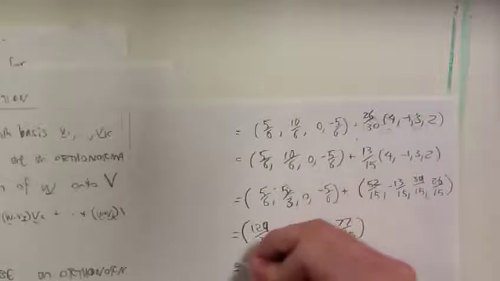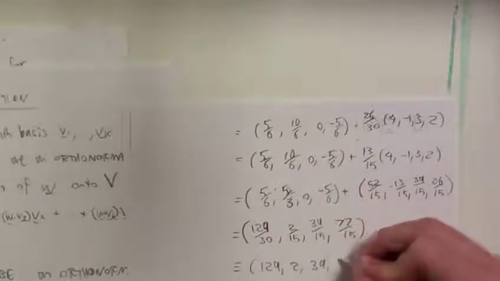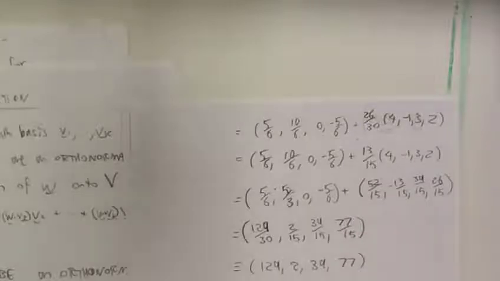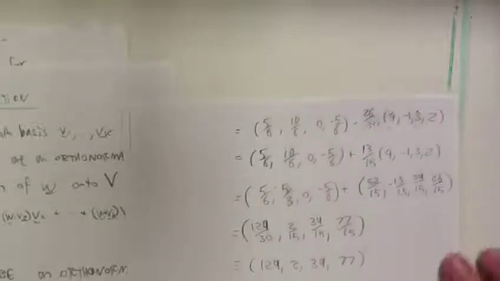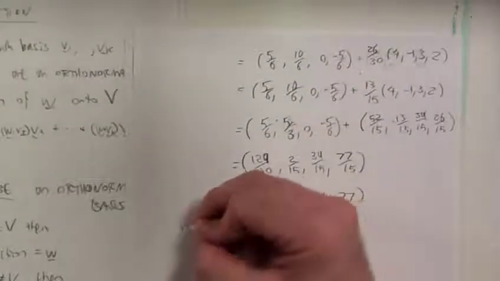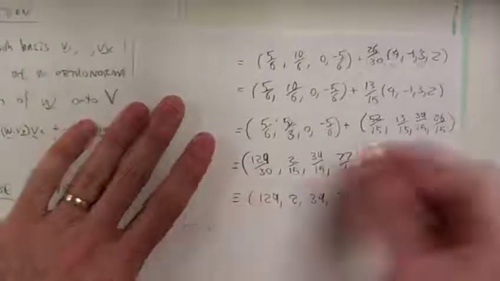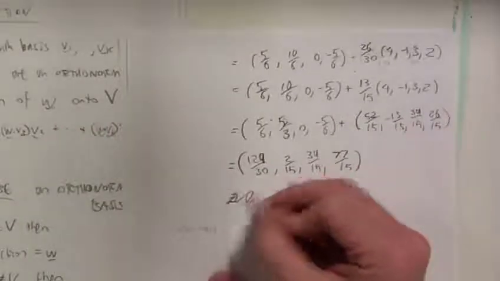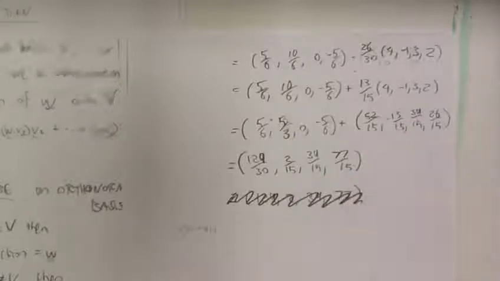Which is equivalent to 129 to 39.77, which I have not the slightest hope of dividing anything out of. And so I will just have to normalize now. Oh crap, I have to use this as it is. I haven't done that bit yet. That was the projection.